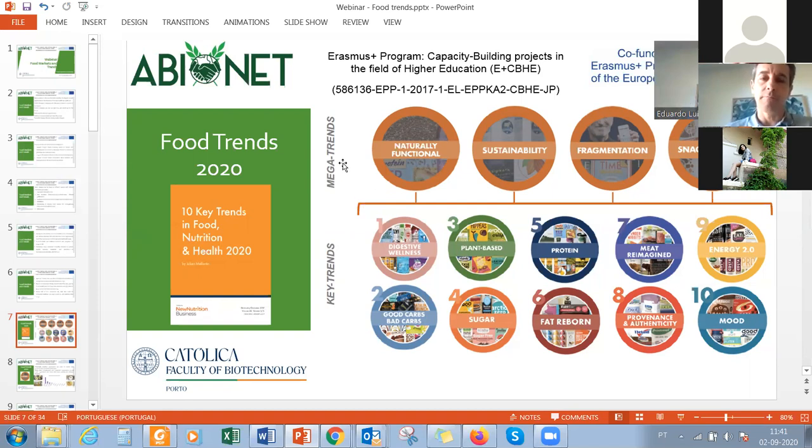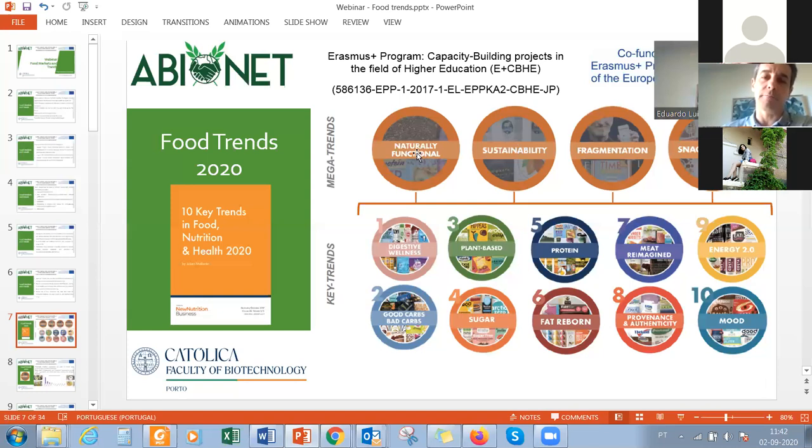They divide the trends by megatrends, and they identify 4 megatrends that then have impact on what they call 10 key trends. The 4 megatrends that maybe we can understand: one is sustainability, a trend that has been well identified for at least 7 or 8 years.